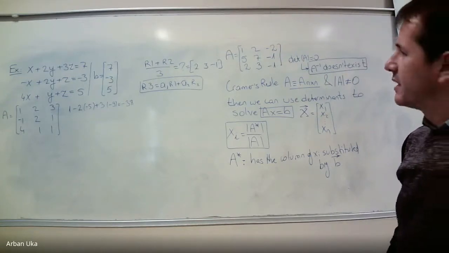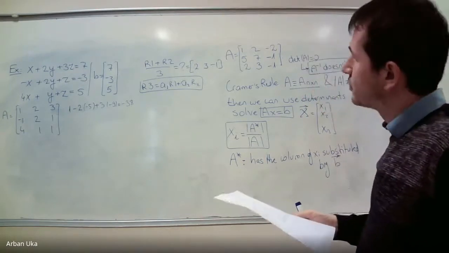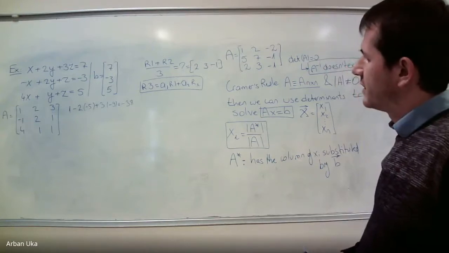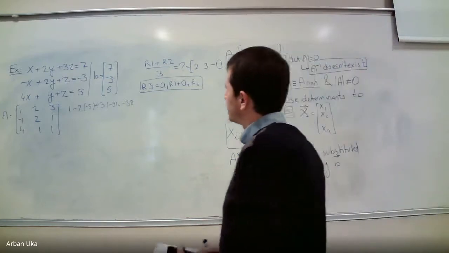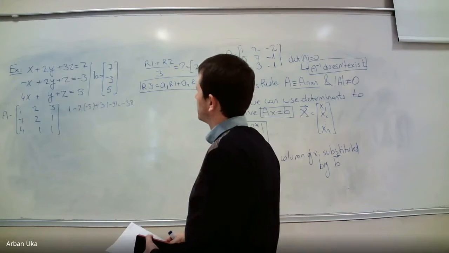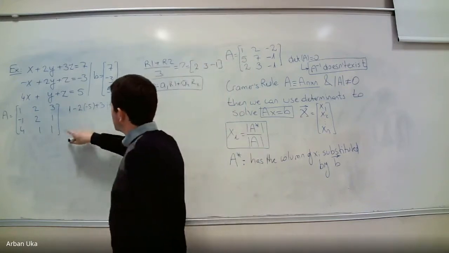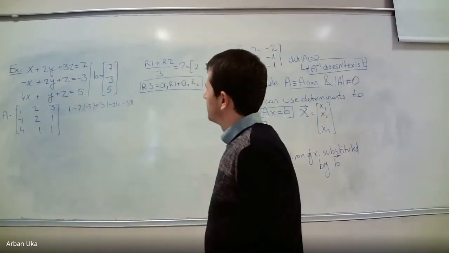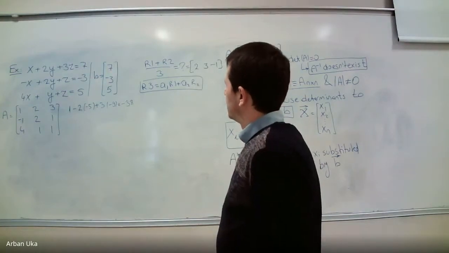Is this correct, or do we have here 1, minus 1, 4, 2, 2, 1, 3, 1, 1? Is this good? We have a mistake here, so that's 1 minus 8.